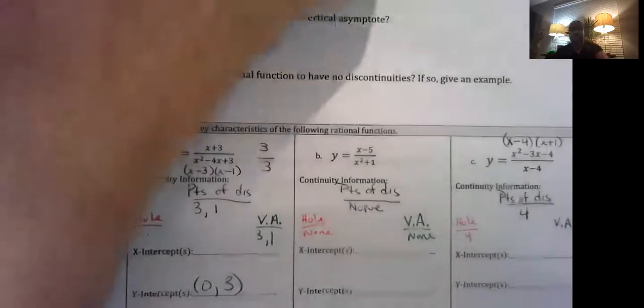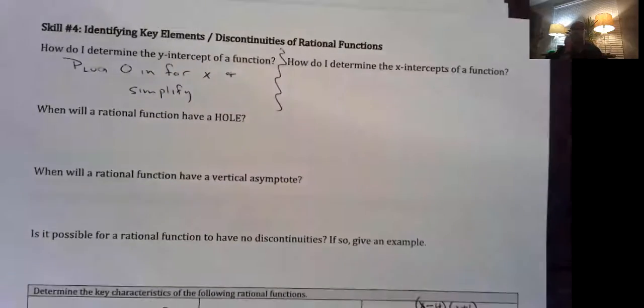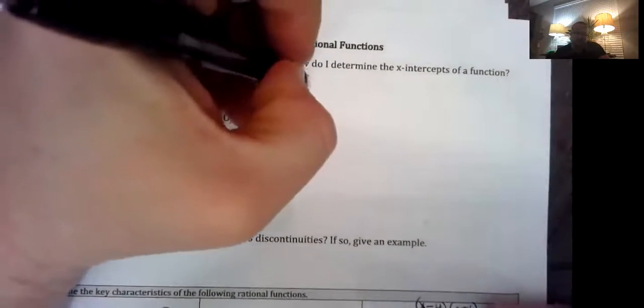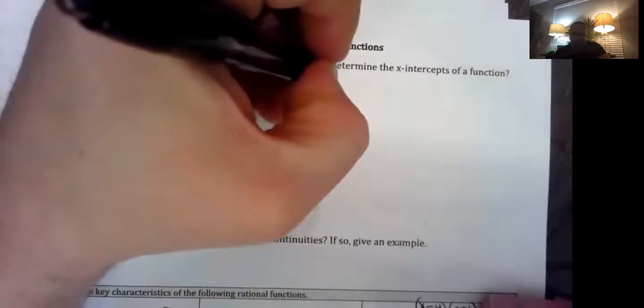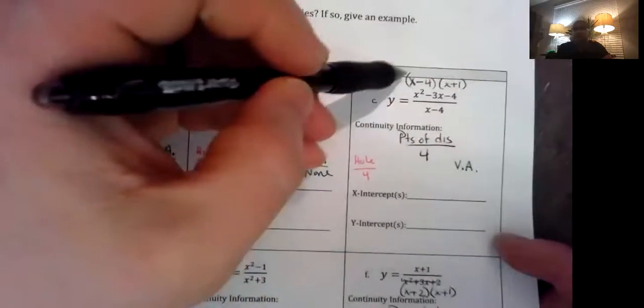So my y-intercept, again, I plugged a 0 in for x, and now I got a 3 as an answer. Okay. My x-intercept is a little bit different here. How do I determine the x-intercepts? After the fraction is simplified, so basically what that means is after we have crossed out all the holes, so think about this here, the x minus 4s wouldn't be there.